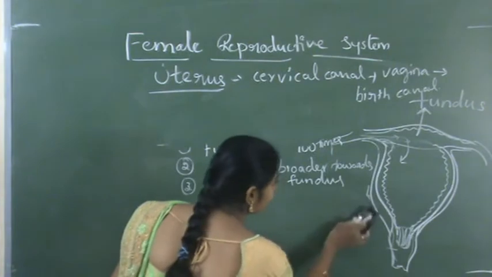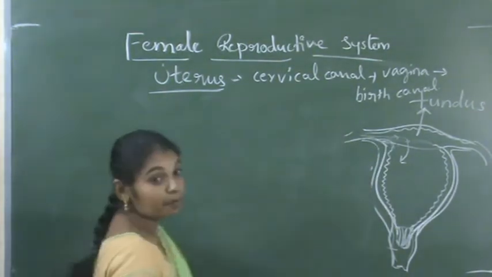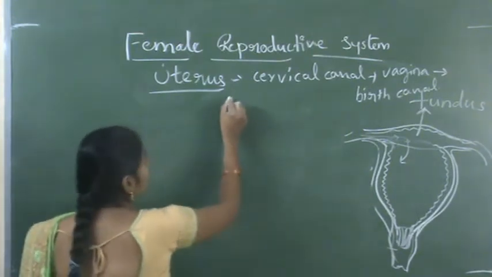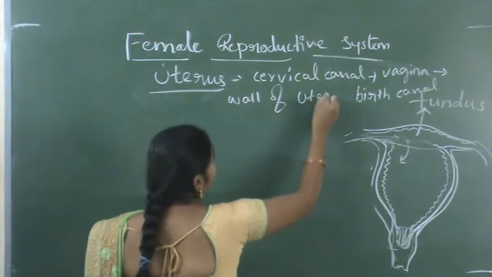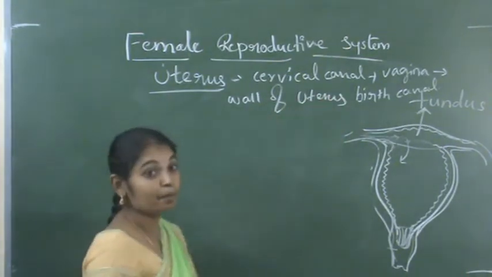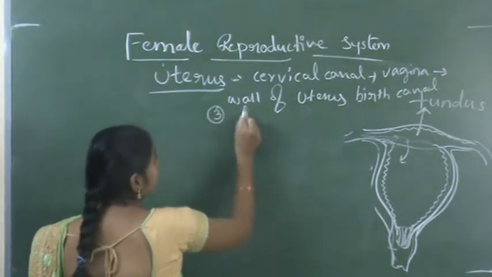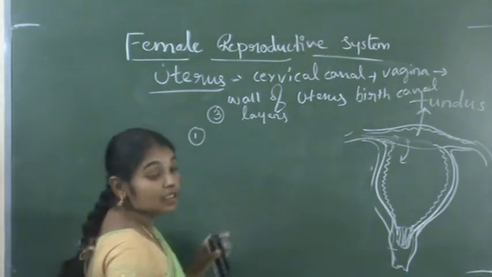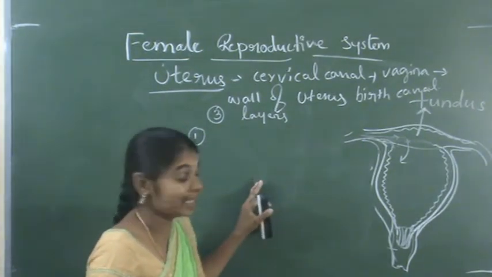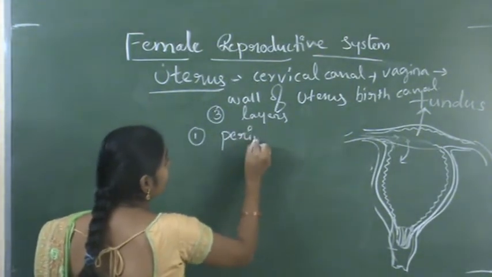And the wall of the uterus is mainly made up of 3 layers. So what are the 3 layers? The outer membranous layer, which is known as perimetrium.